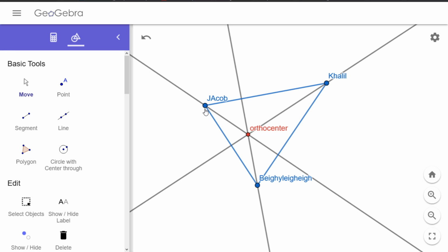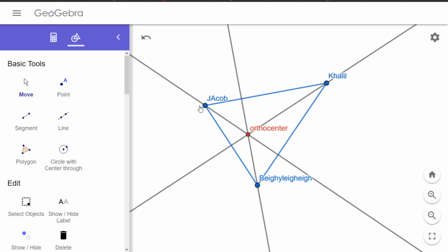Now, if I make this a right triangle, what do you think is going to happen to the orthocenter? The orthocenter is the intersection of the perpendiculars. Think about a right triangle. Where will the intersection of the perpendiculars be? Where will the 90-degree lines intersect?